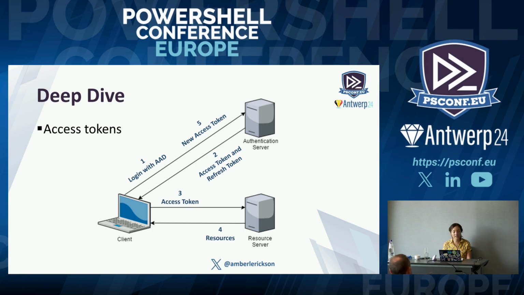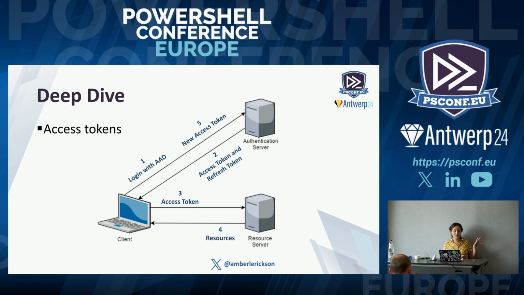The second kind of token is a refresh token, which is used to get a new access token without requiring re-authentication to AAD. It allows for continuous access without repeatedly prompting for credentials. Refresh tokens have a longer lifespan, typically days, weeks, even months. But they can be configured to expire or to be revoked.